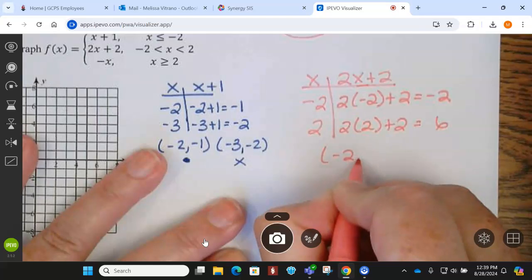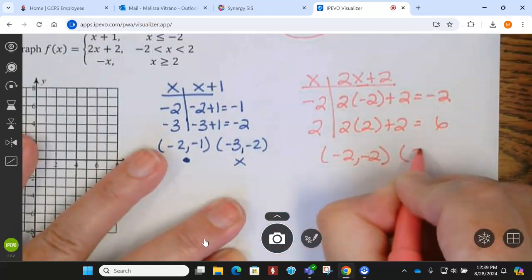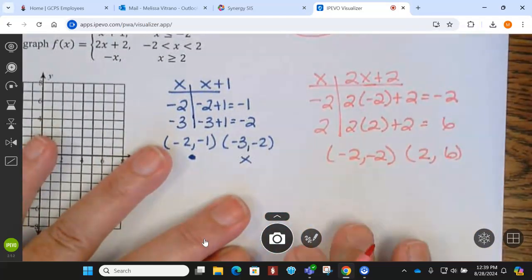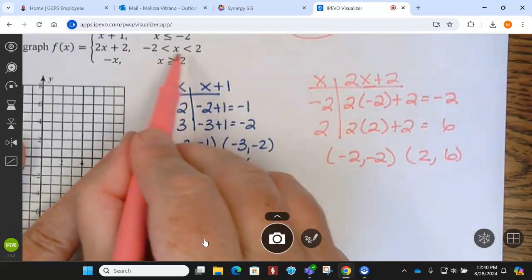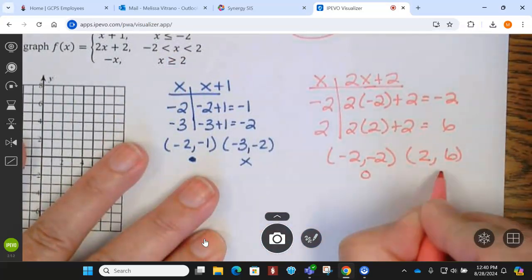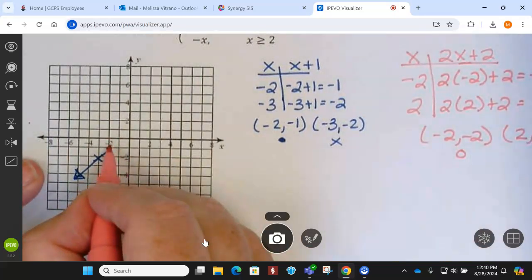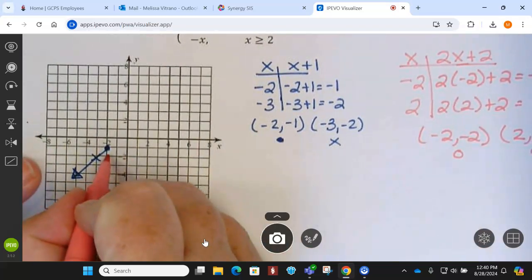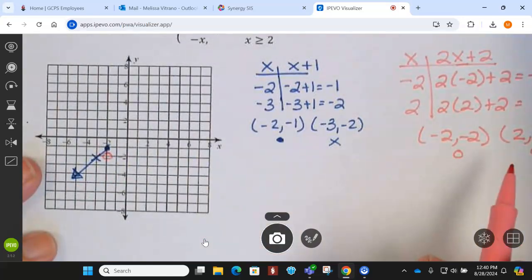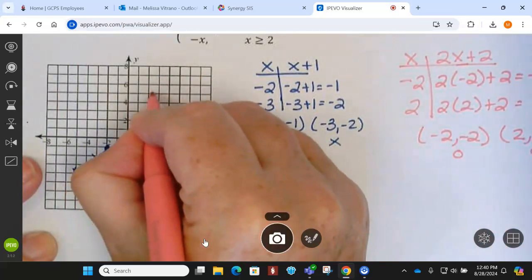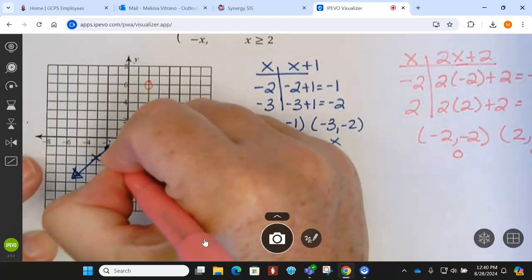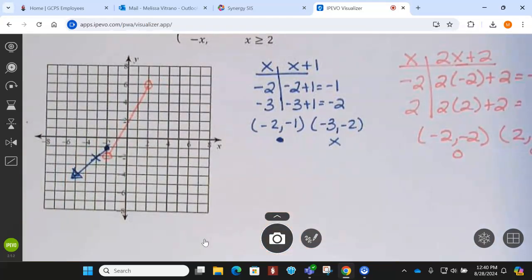So -2, -2, and 2 and 6. You see both of these don't have equal to marks, so remember open dot, open dot. Remember, you just connect the dots.